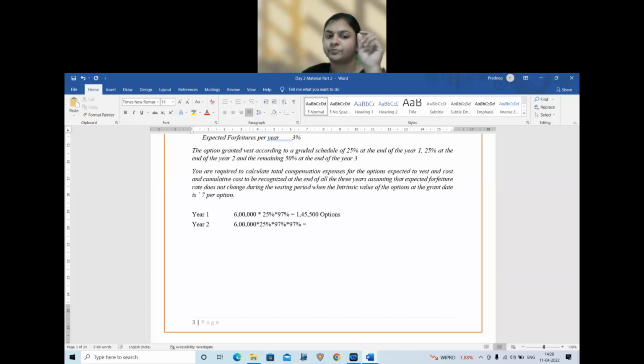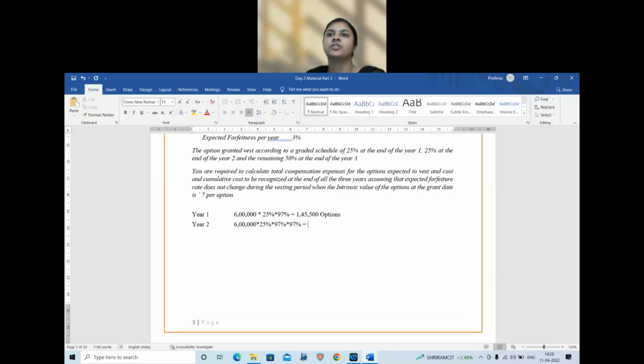I repeat, 6 lakh options into 25% is the vesting. This vesting is happening in 2 years, of which end of first year, 3% will lapse. So remove 3%. We are left with 145,500. In that 145,500, end of year 2, another 3% will lapse.